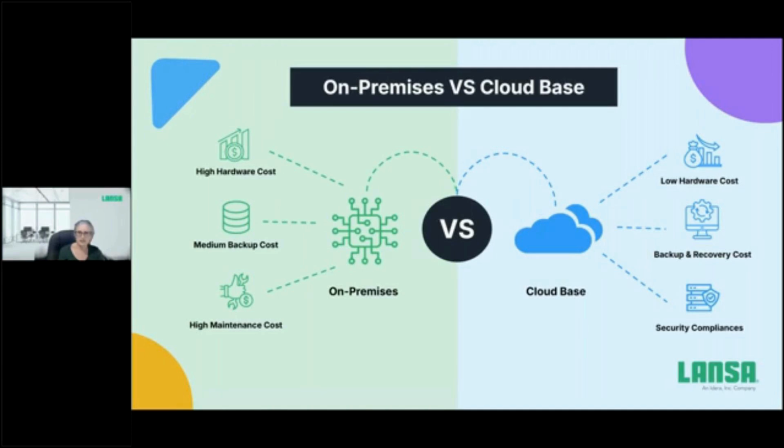And then when we start looking at migration to the cloud, the cloud gives you a certain level of security compliance. If you look at IBM, Microsoft, AWS, they all have compliance certification. They often take care of backup and recovery. Whereas on-prem, you might have had stacks of tapes or a virtual device, but having to go off site.